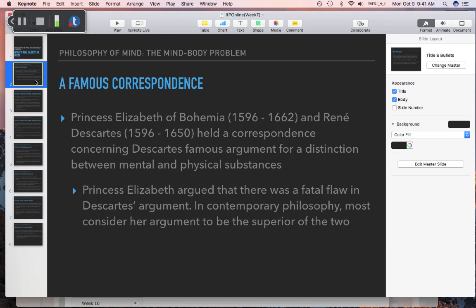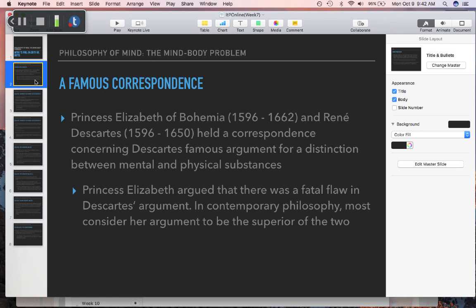That's not what he's doing here. He makes these arguments that we're going to look at in the same book, but towards a different purpose. These come later in the book than the famous, what's called the cogito argument, "I think, therefore I am." So these two people have a correspondence about an argument for a distinction between mental and physical substances. So that's what we're looking at here this week.